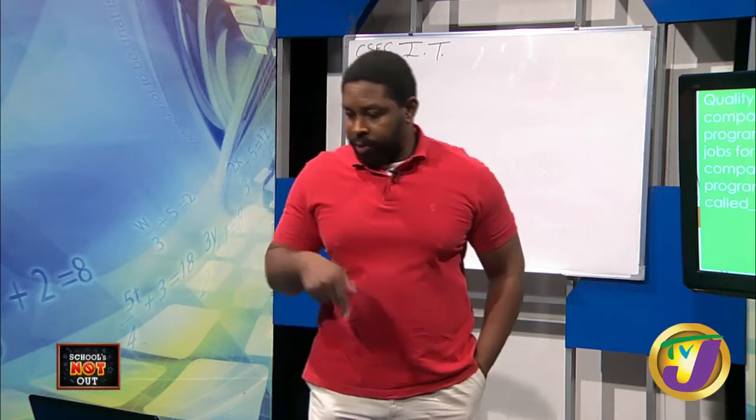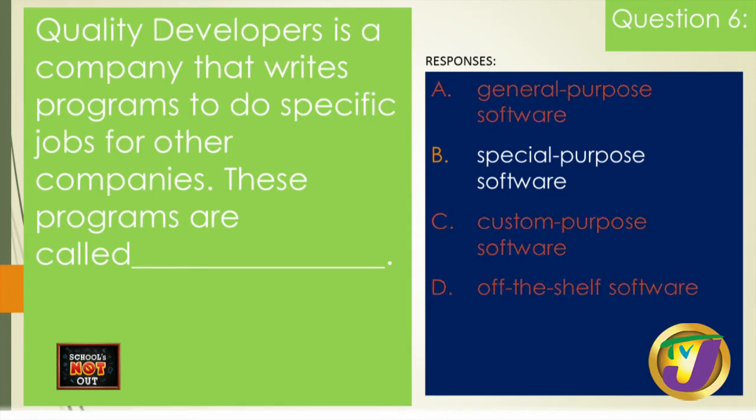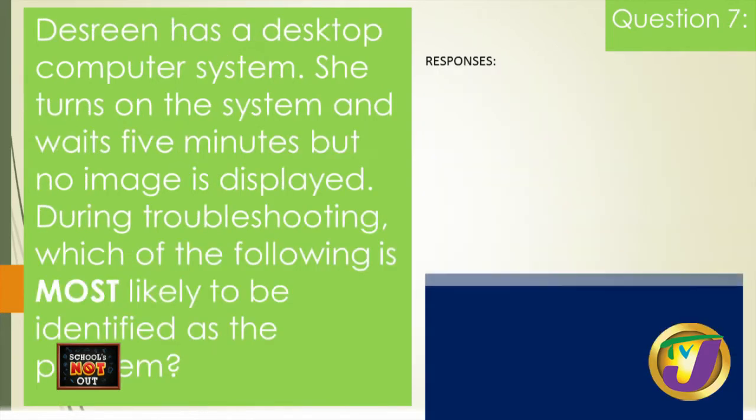Then we have special purpose and custom purpose. Now, I've never heard of custom purpose in my life. I've heard of custom written and customized, but custom purpose, no. So that disqualifies itself altogether. So the only answer we have left is special purpose. And any kind of software being created for a specific task is normally special purpose.